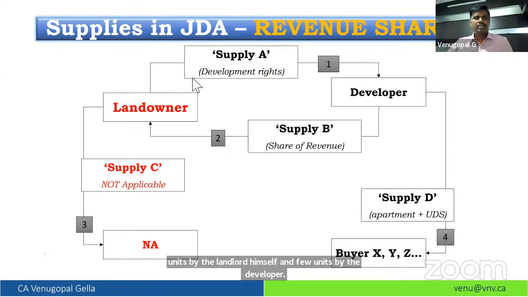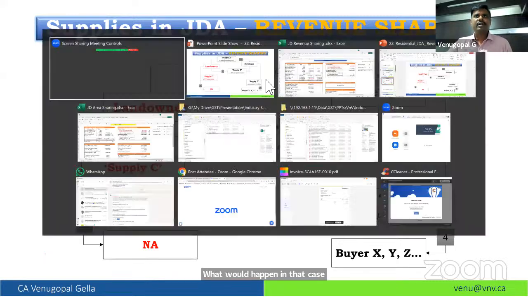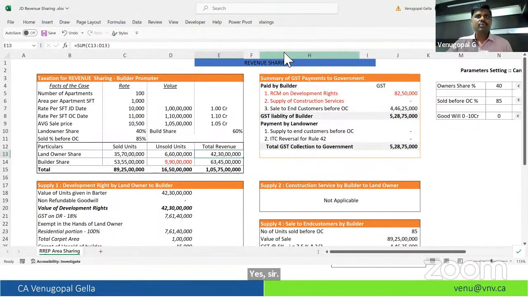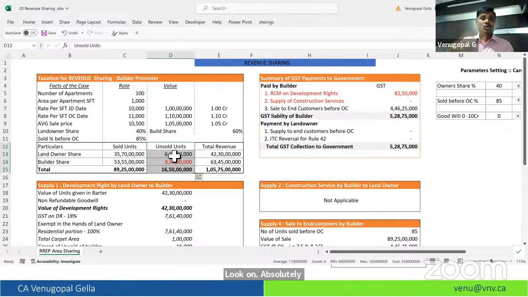Yes, sir. This is what we have distinguished in the example. But the units which have not been sold would be sold at a later date at any value. No, I'm saying it is not sold at all, sir. Few units the landlord registers in his own name. Absolutely no problem. Whether sold or not sold at a different value, absolutely nothing changes.